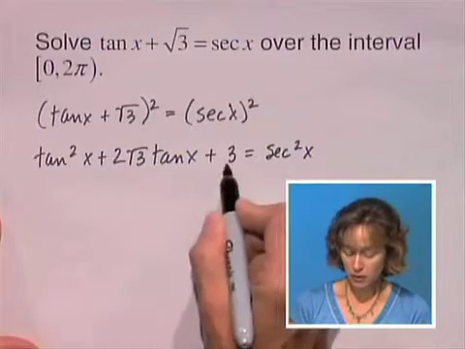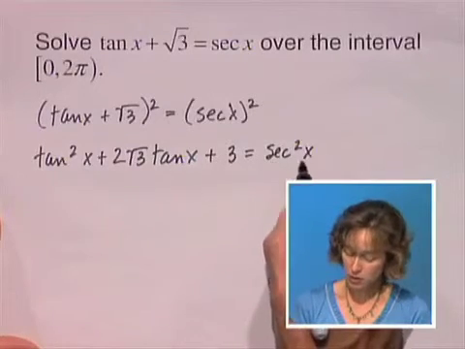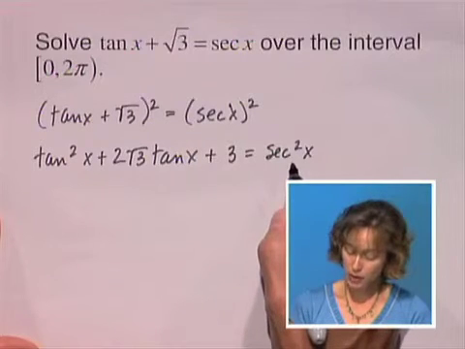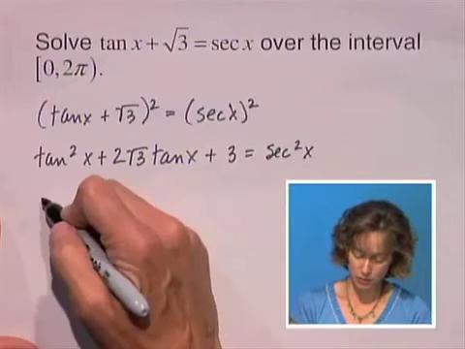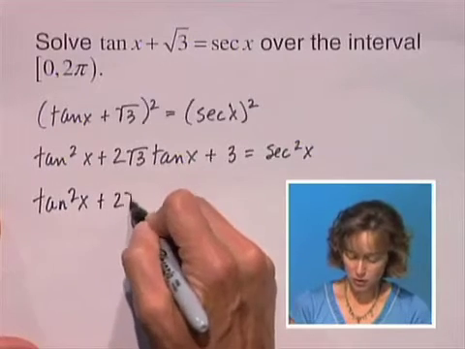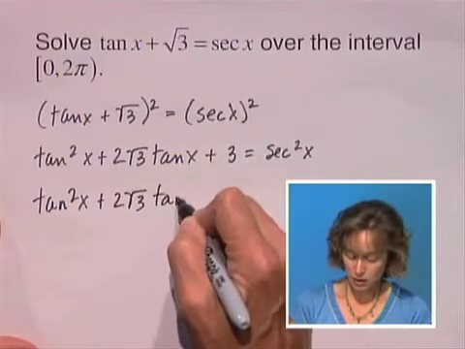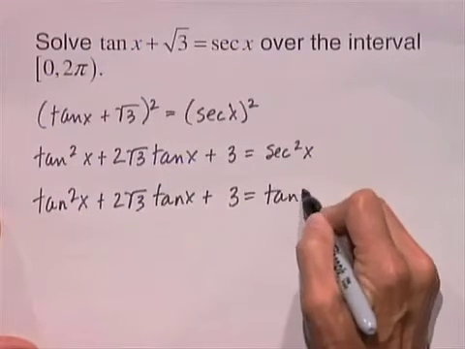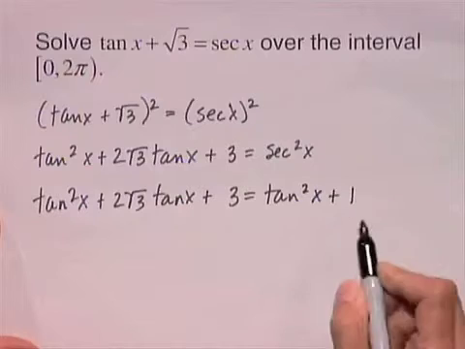Now, everything on the left is in terms of tangent, so what I'm going to do is use the Pythagorean identity for secant squared and replace it with tangent squared plus 1, at which point I have tan squared of x plus 2 square roots of 3 tan x plus 3 equals tan squared x plus 1.